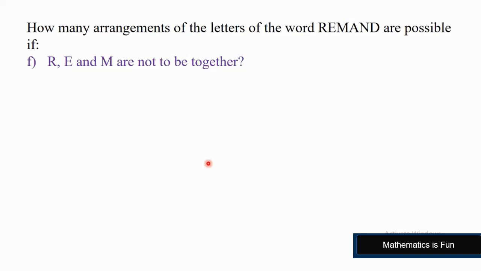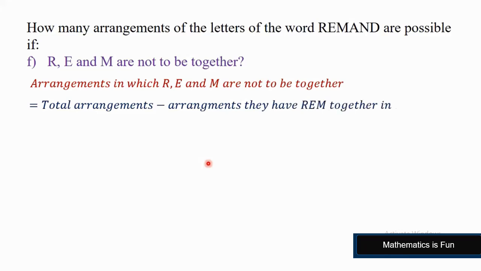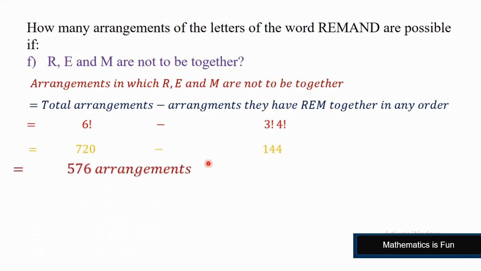So the arrangements in which R, E, and M are not together is the total arrangements minus the arrangements that have REM together in any order. The total arrangements are 6 factorial, and the arrangements with REM together in any order, as in part E, are 3 factorial multiplied by 4 factorial. So we have 576 different arrangements in which R, E, and M are not to be together.